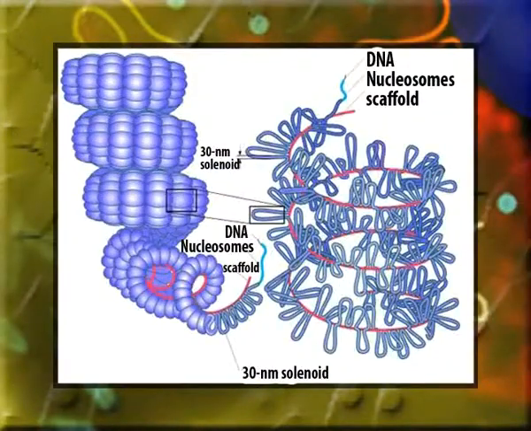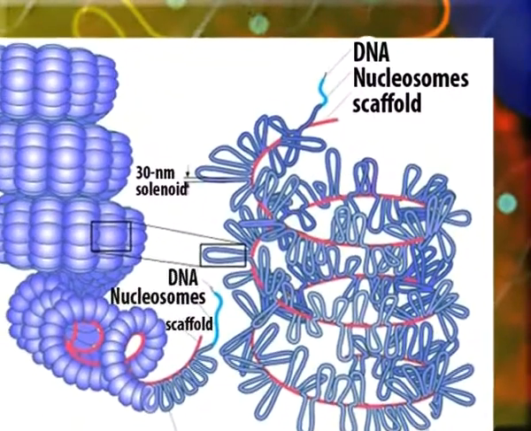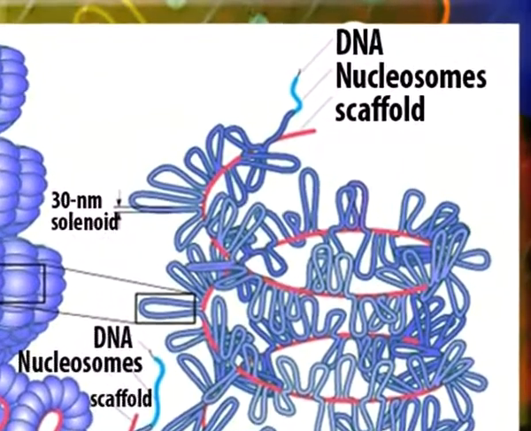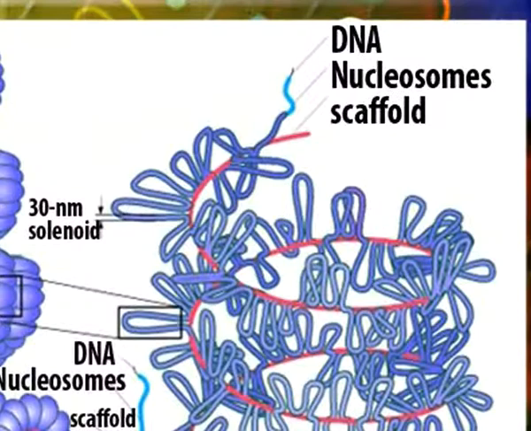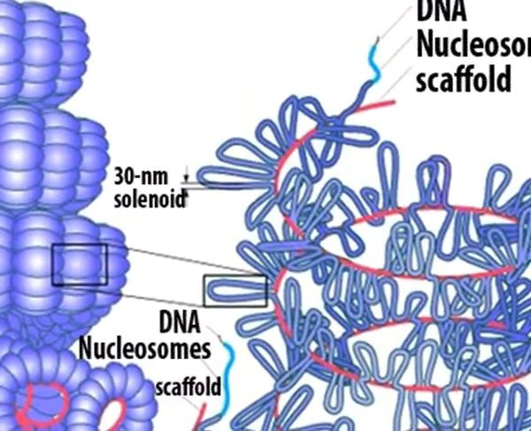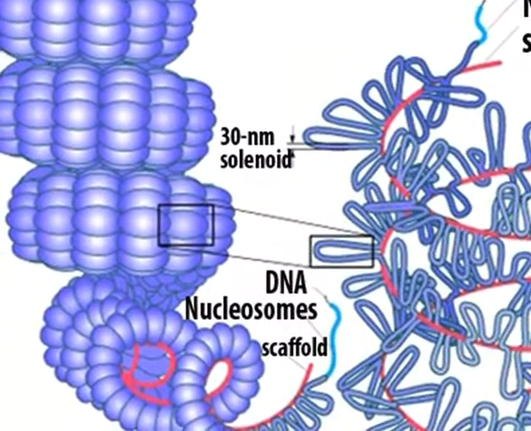Formation of solenoid from nucleosomes can be compared with winding of a cable, that is DNA, on a spool, that is nucleosome, and then folding of wrapped spools. Stability of this structure requires the presence of the last member of the histone gene family, that is histone H1.